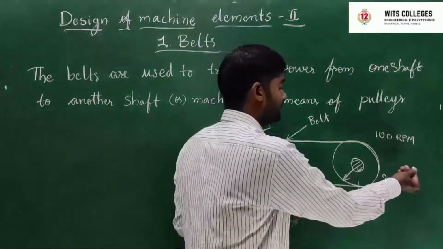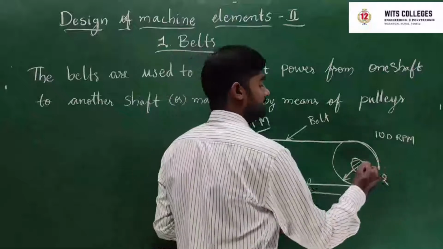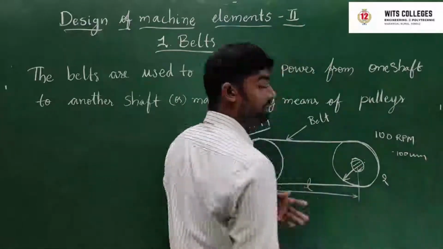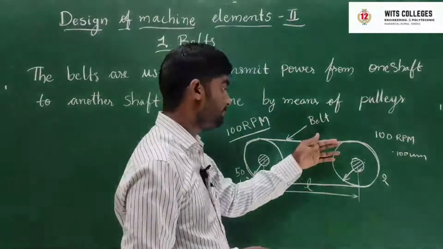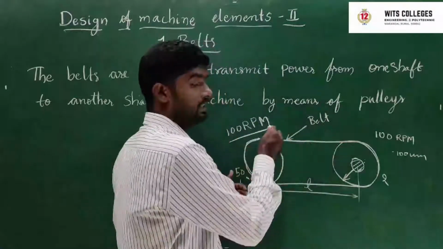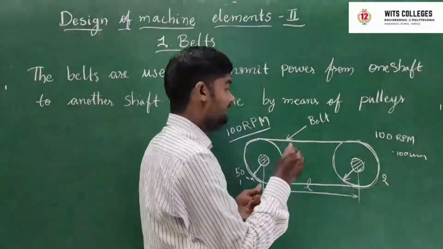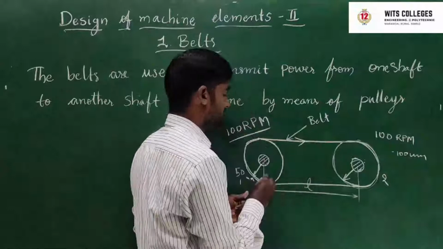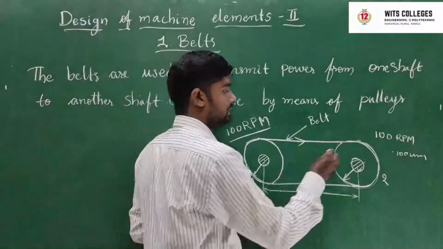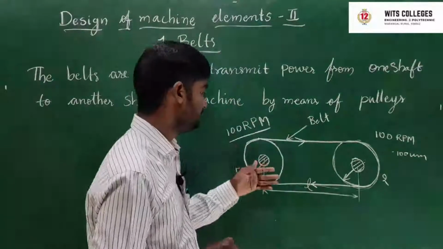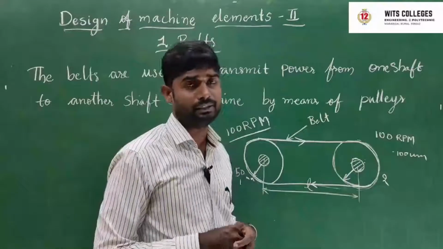If it is above 100 mm, then the RPM is double. The speed of revolution depends upon the diameter of the pulley, and the direction here is clockwise and this one is also clockwise. This is a belt application.